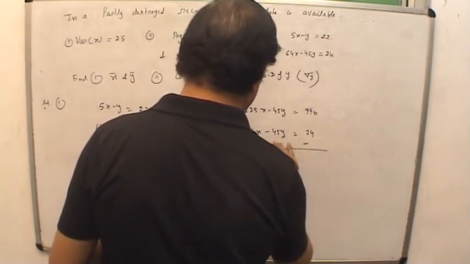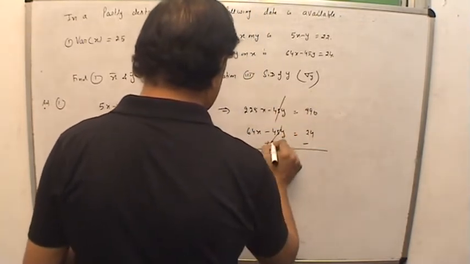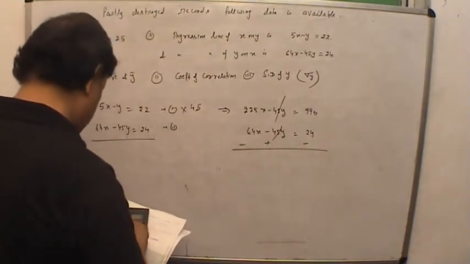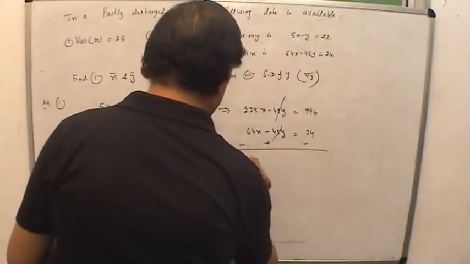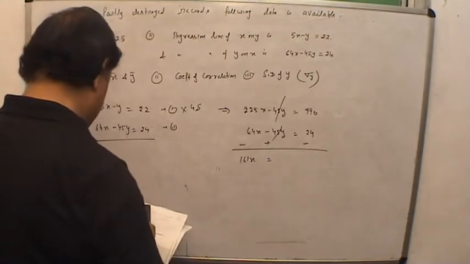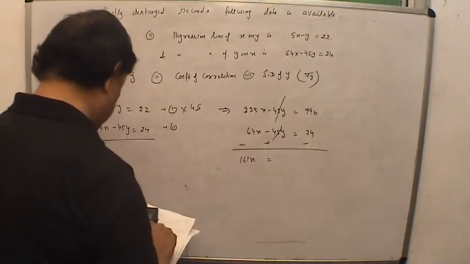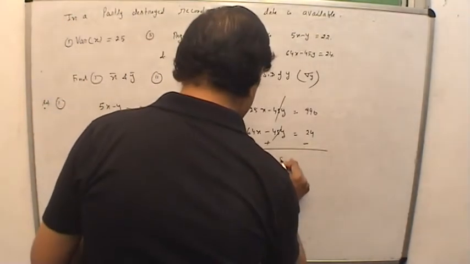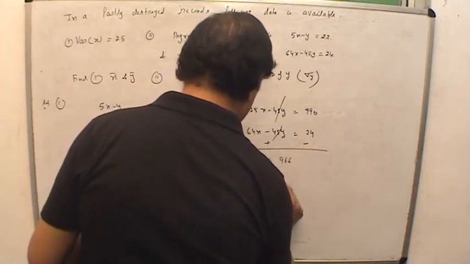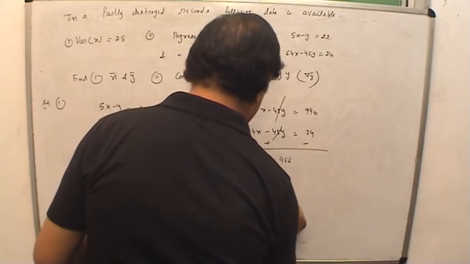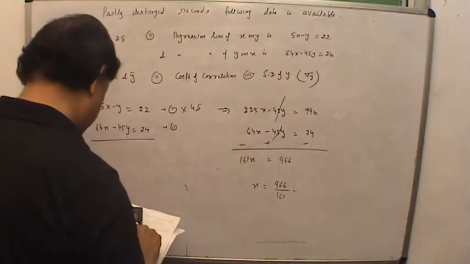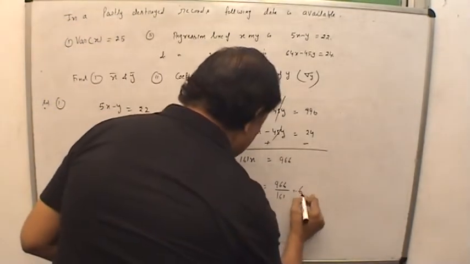Simply we subtract them. y cancels with y. 225 minus 64, that is 161x is equal to 990 minus 24, that is equal to 966. Therefore, x is equal to 966 divided by 161. That comes to be 6.